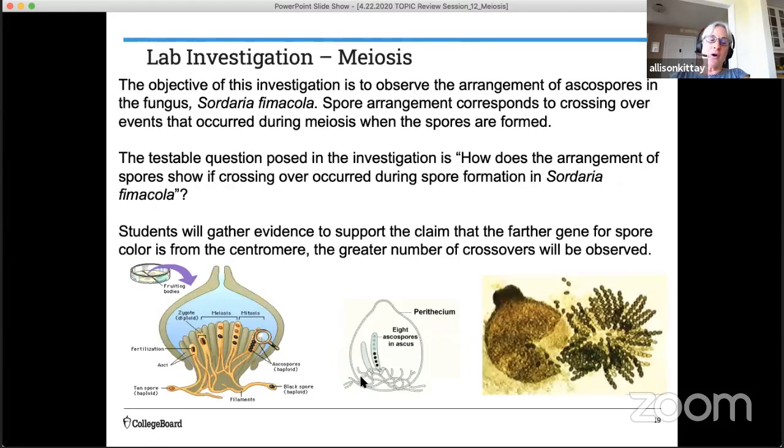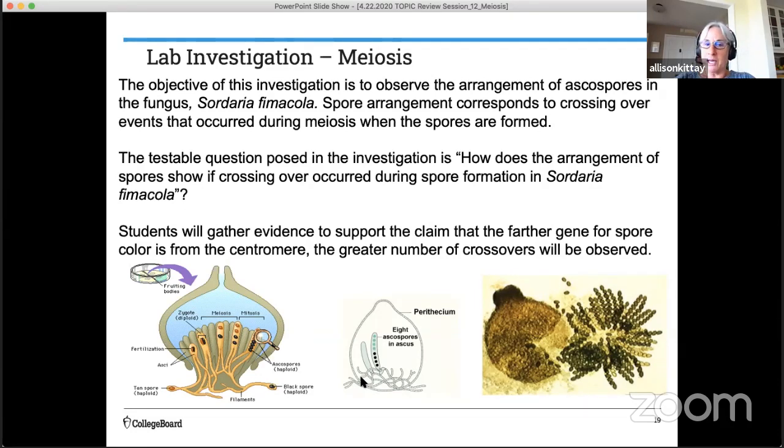All right, so now, hopefully armed with that information about meiosis and how meiosis contributes to genetic diversity, we're going to take a look at the second part of Lab 7, which investigates meiosis. The objective of this lab is to observe the arrangement of ascospores in the fungus Sordaria fimicola.